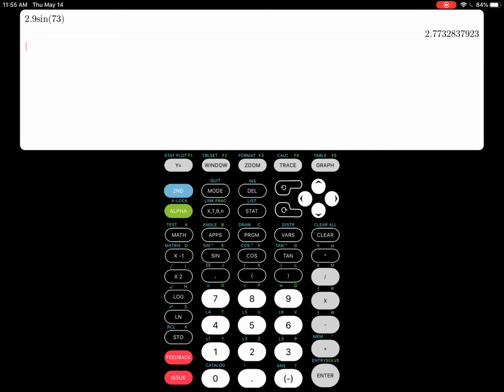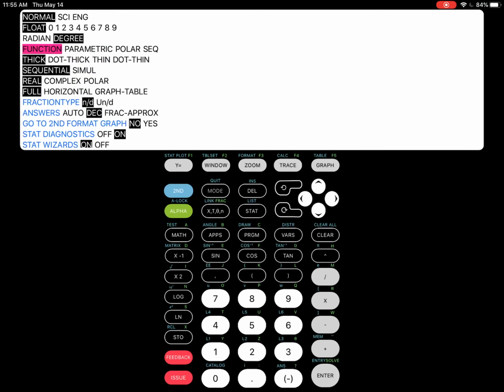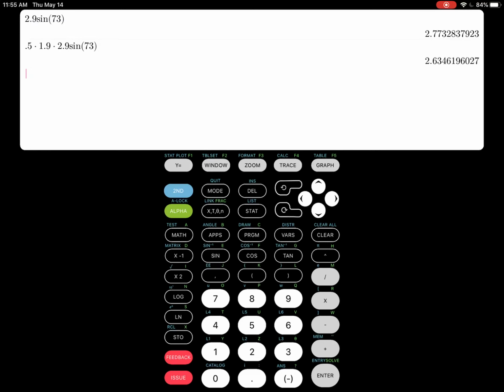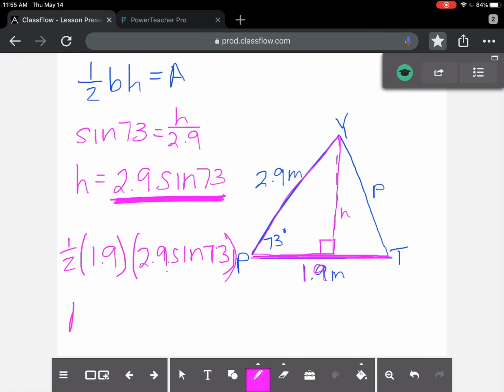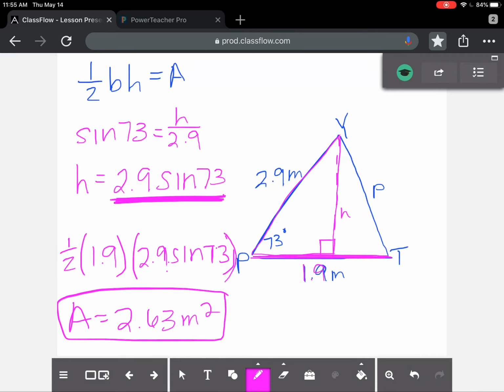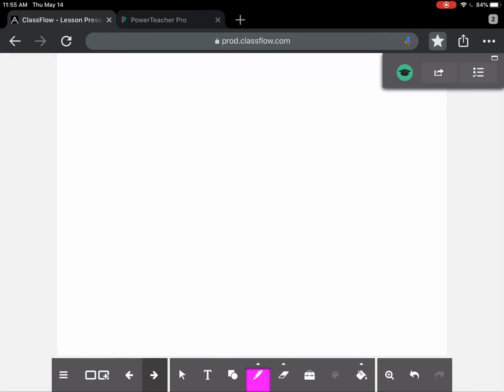Now that I have my base and my height, I'm going to do 1/2 times my base, which we said is 1.9 because the height is perpendicular to that, times 2.9 sine of 73. Now I can put that in my calculator: 1/2 times 1.9 times 2.9 sine 73. And I will get 2.63 meters squared.